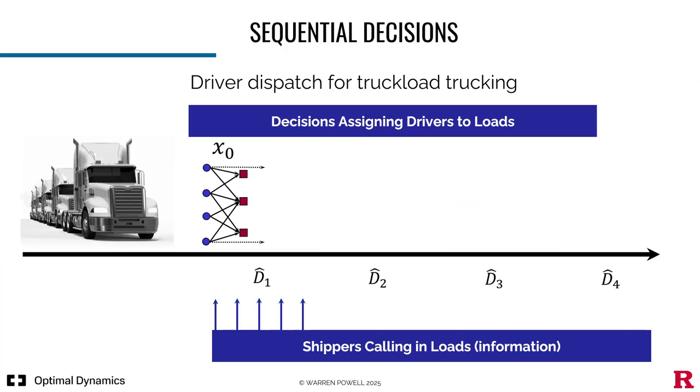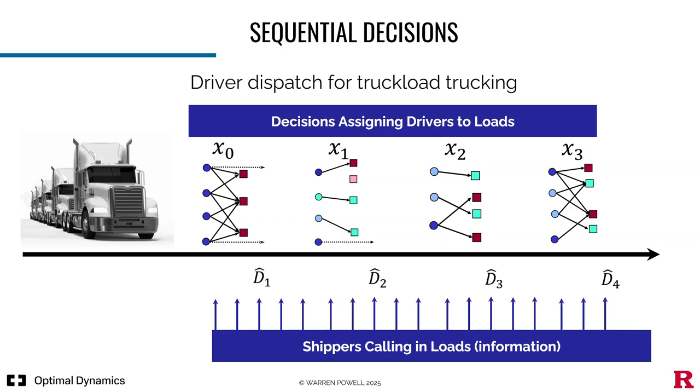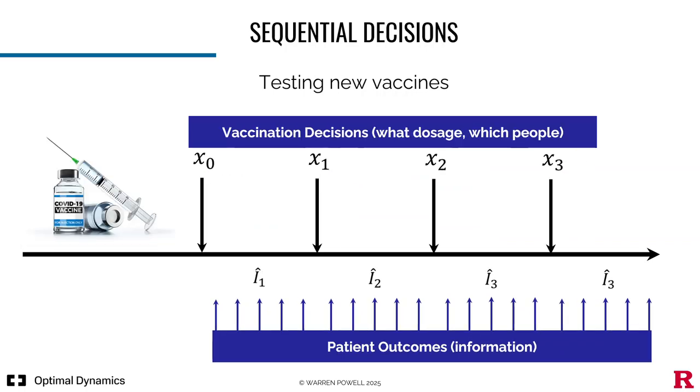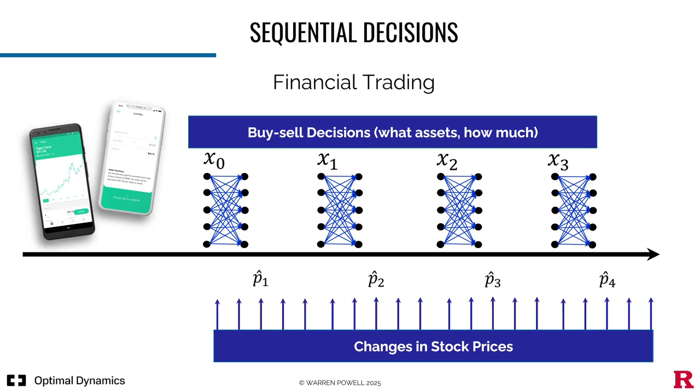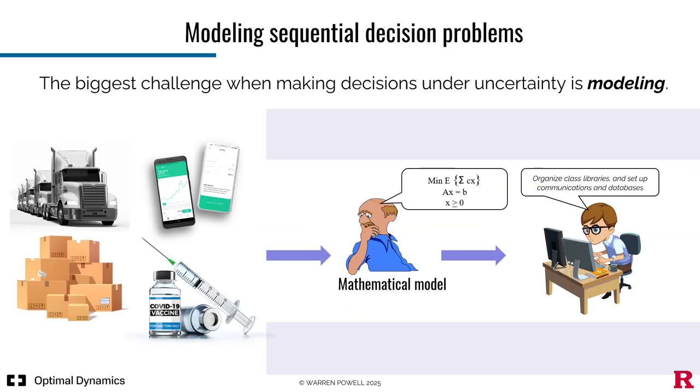At my company, Optimal Dynamics, I'm assigning drivers to loads, but this happens over time as new loads are being called in. Maybe I'm in medicine and I have to be testing new vaccines and I have to decide what dosage or which people. Then I observe the various patient outcomes. And of course, there's finance where I'm buying and trading various investments while the market prices are changing over time.